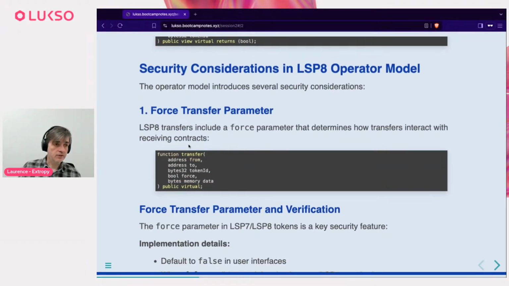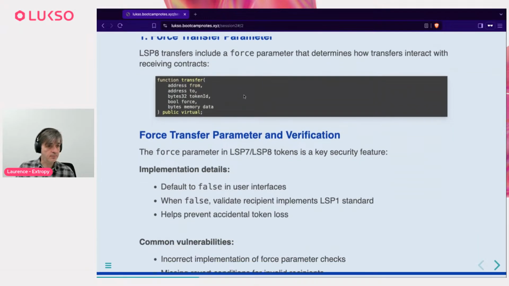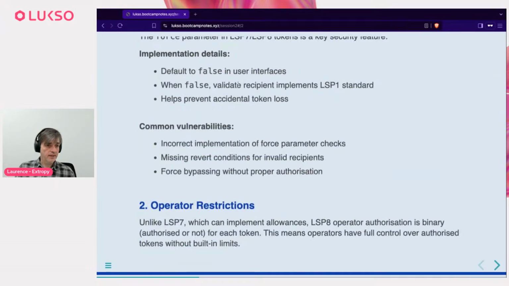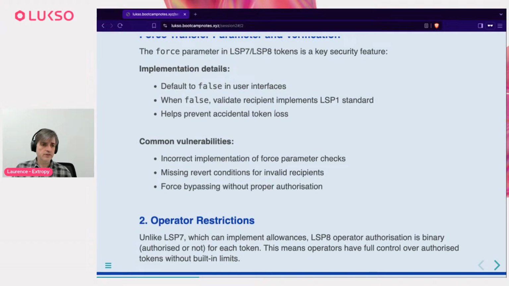But from a security point of view, again, we've got the force parameter, so we need to think about that. And if it's not true, if it's set to false, then you should validate that the recipient is implementing the receiver, the LSP1 standard, and this helps prevent accidental loss. This is, I think, an interesting point.